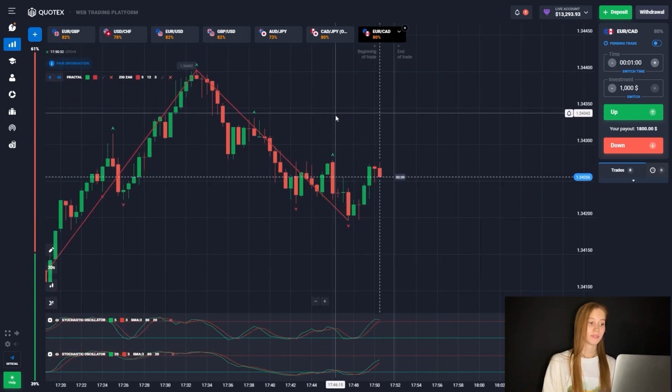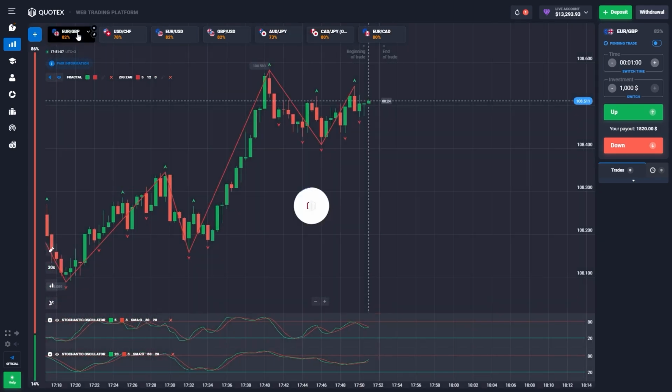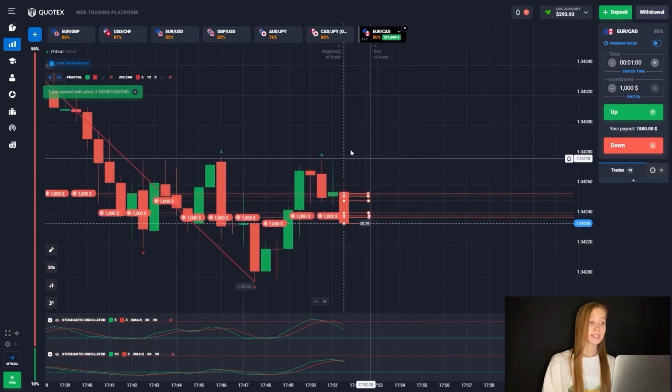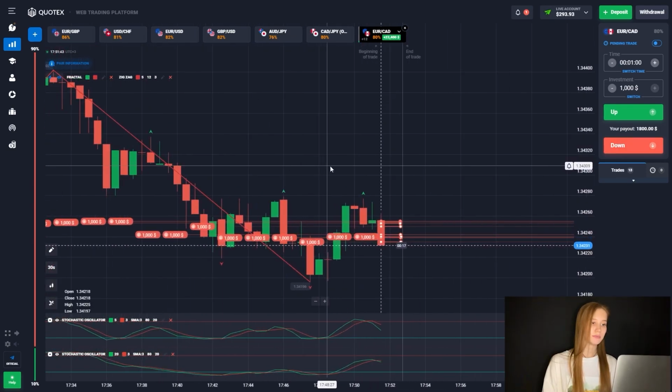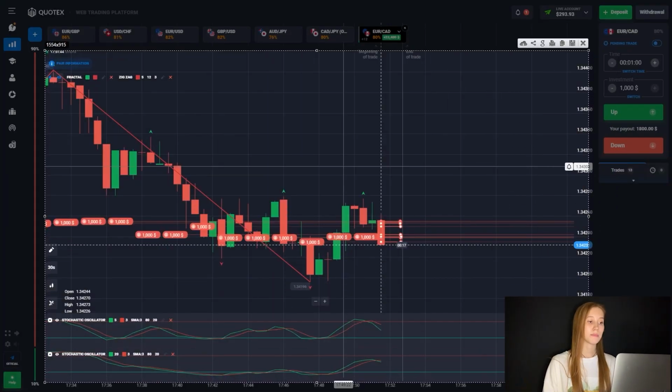So let's make the final trade and change the asset. Let's open a down trade here again, and I'll explain the principle of entry. We see that a maximum point with a resistance zone has formed. Here we observe a slight upward movement. Both stochastics went down.